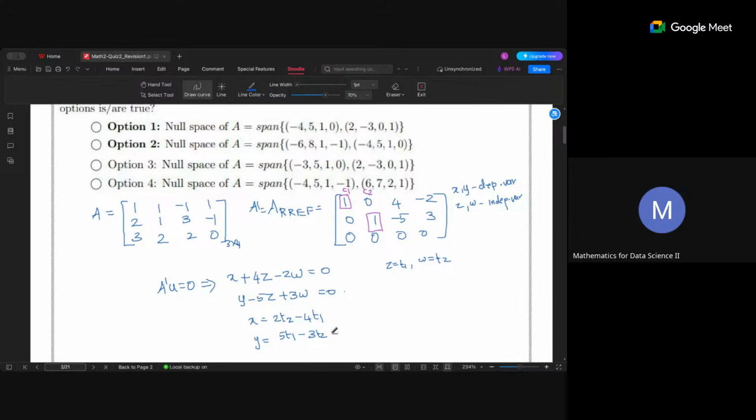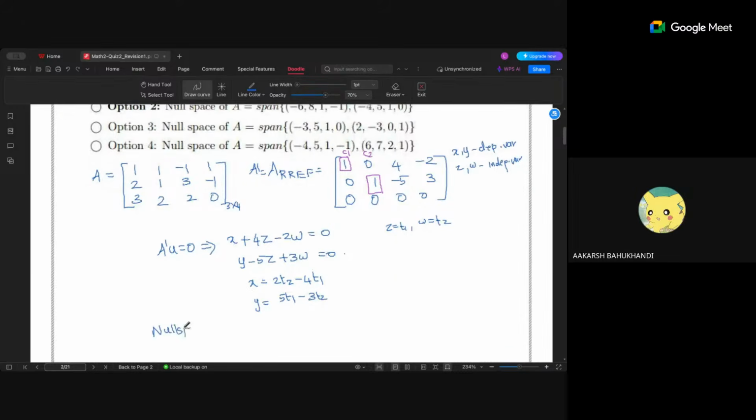Now can you write what the null space is? It is (2t2 - 4t1, 5t1 - 3t2, t1, t2).